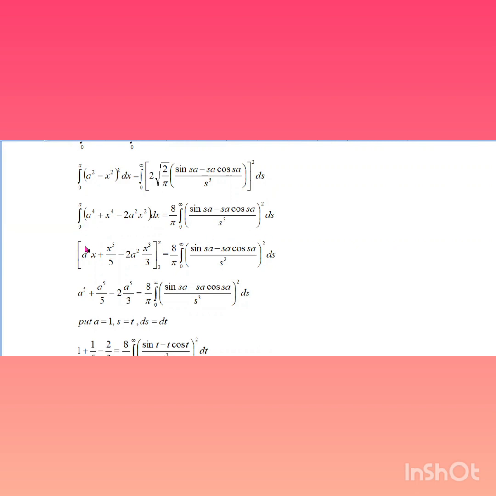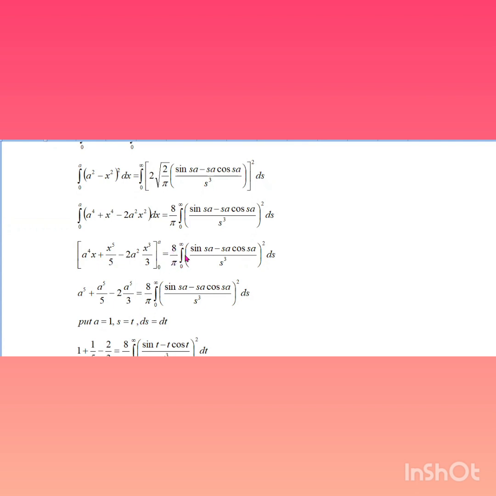So for a⁴ you have to integrate a⁴ dx, so a⁴x plus x⁵/5 minus 2a² times x³/3.